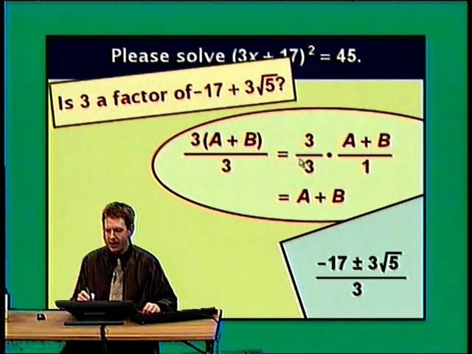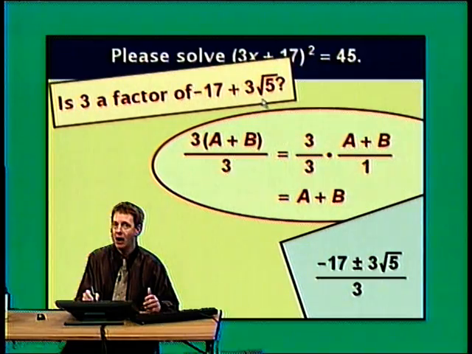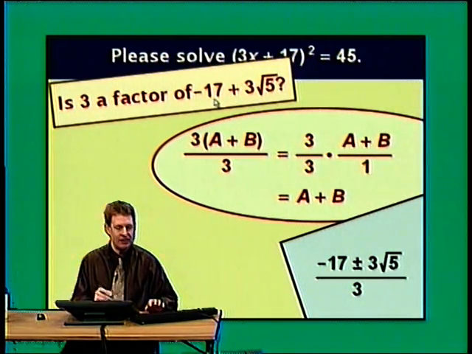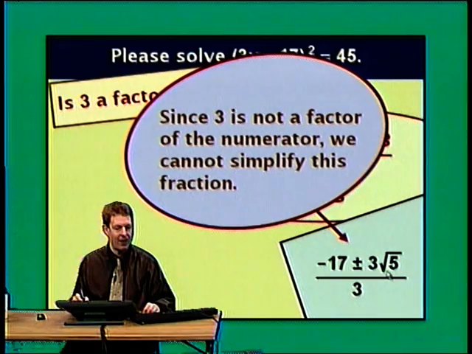But is 3 a factor of negative 17 plus 3 square roots of 5? I don't think so. 3 does not evenly divide into 17. Since 3 is not a factor of this numerator, we cannot simplify this fraction.